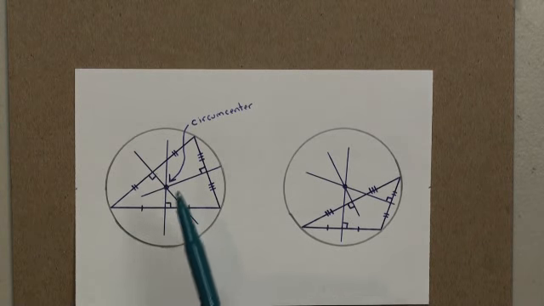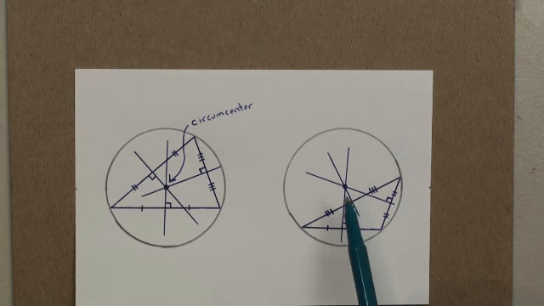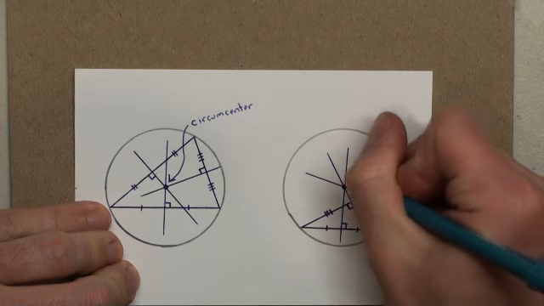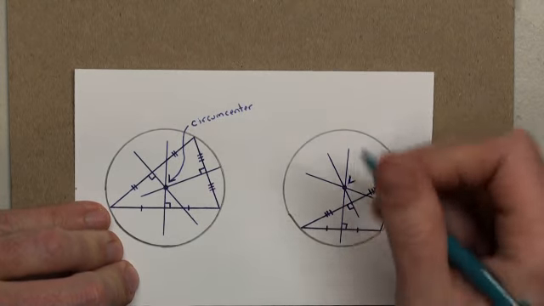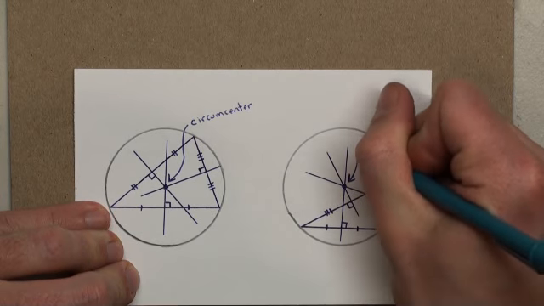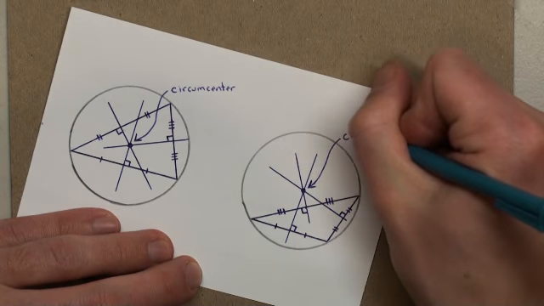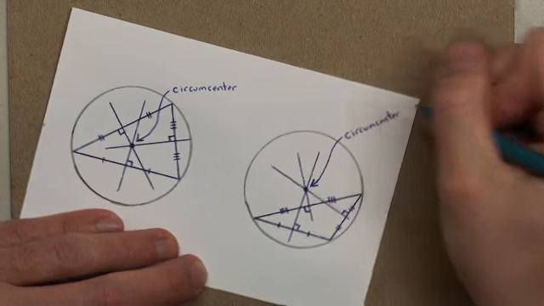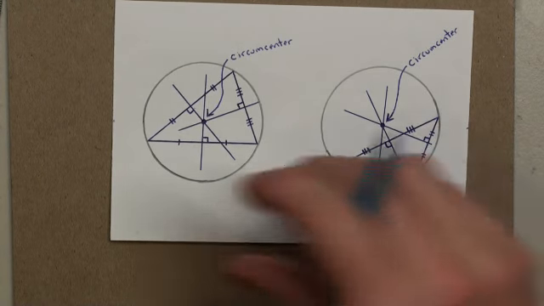So if it's an acute triangle, the circumcenter will be inside. But if it's an obtuse triangle, the circumcenter is outside. But it's still the center of the circumscribing circle. So this is the circumcenter. Okay? So those are our two pictures for this.